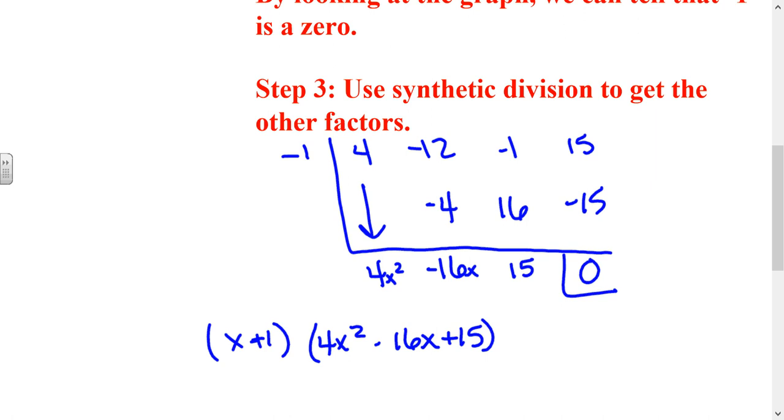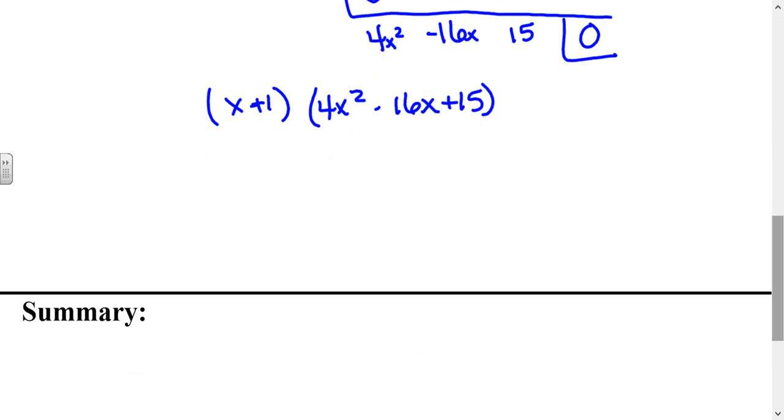Now I have to factor this completely. Remember, if there's a number in front of the x squared, we have to use the AC method. This is A, this is B, this is C. If I take A times C, I get 60. So I'm trying to find factors of 60 that add to be -16.